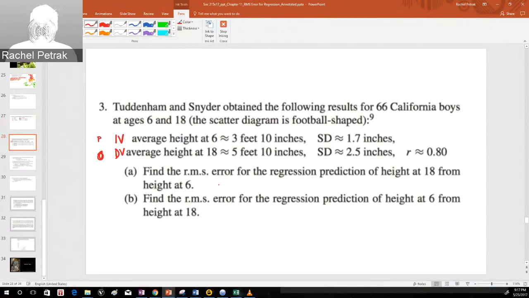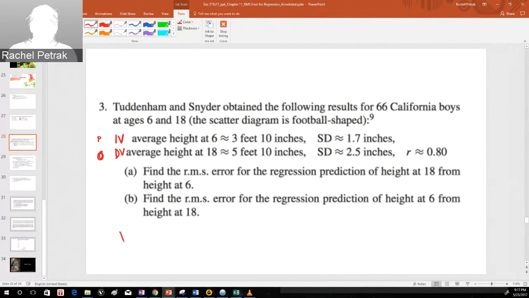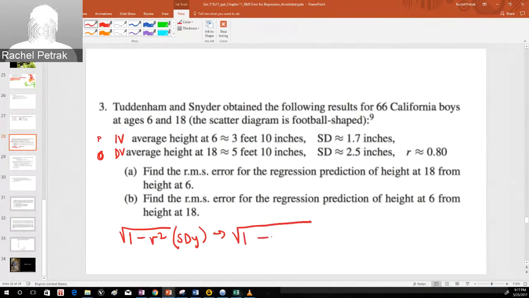And we want to just get our RMS error. Remember that the RMS error is equal to the square root of 1 minus r squared times the standard deviation of y. We just need to apply this formula here. So we've got the square root of 1 minus our r squared, r is 0.8, squared, times our standard deviation for y, which is 2.5.